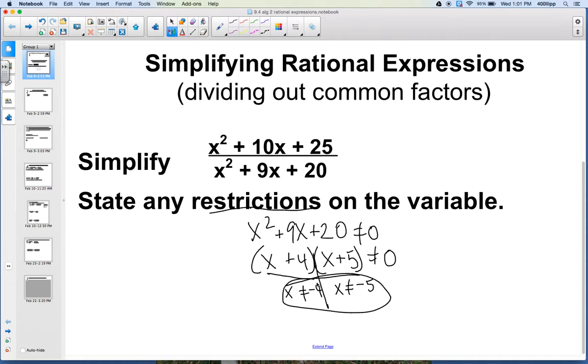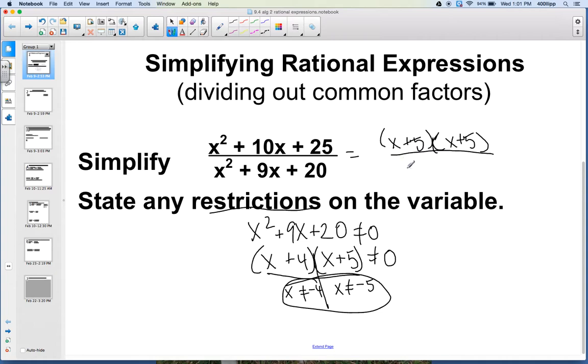on the variable. Then we can simplify this by also factoring the numerator. For the numerator, we say what multiplies to 25 and adds up to 10. That's going to be x plus 5 and x plus 5. If we wanted to check that we factored it correctly, we can FOIL this out and we'll get back to this trinomial.